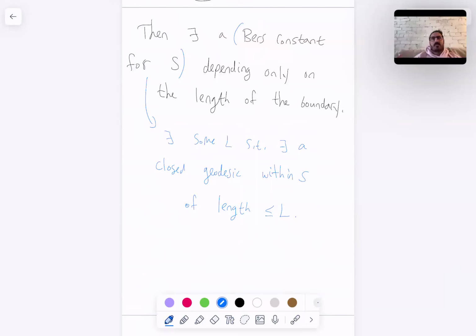It's because if you start to inflate a metric disk inside of a hyperbolic surface with boundary, it may hit the boundary before it achieves its full area. And so you have to be more cautious. And it turns out that the result you're able to obtain is a similar result, but it may depend on the length of that boundary component. If the boundary component is very, very long, then the L might get very long.